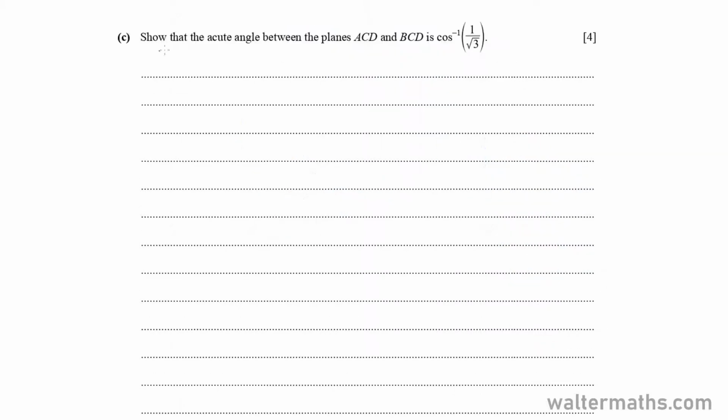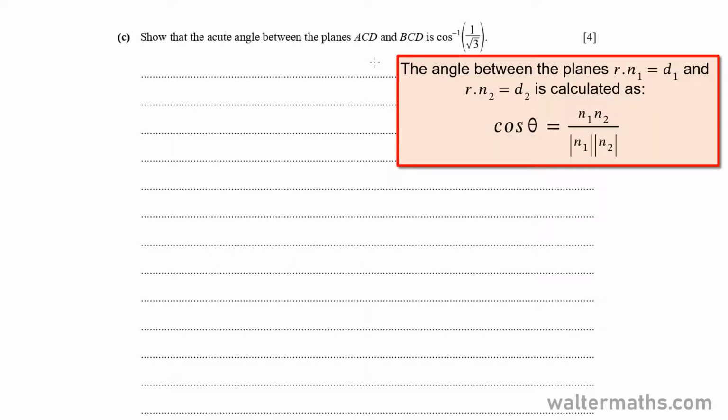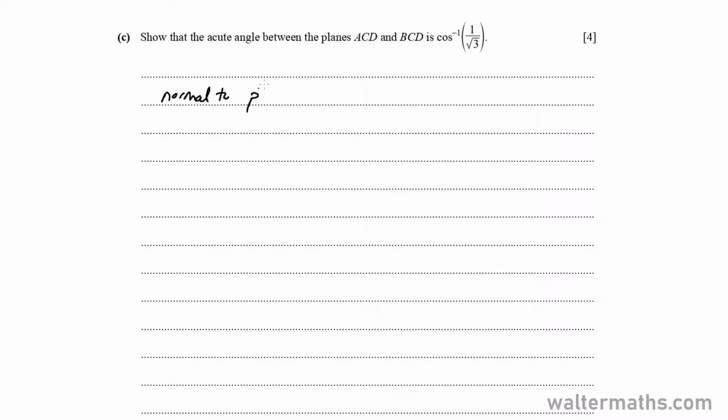On part C, the question goes, show that the acute angle between the planes ACD and BCD is arccos of 1 over root 3. Now to find the angle between two planes, we can use this formula here. So what we're going to need are the normals. So firstly, the normal to the plane ACD.